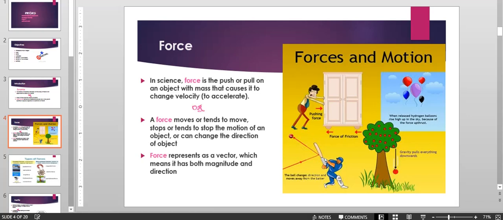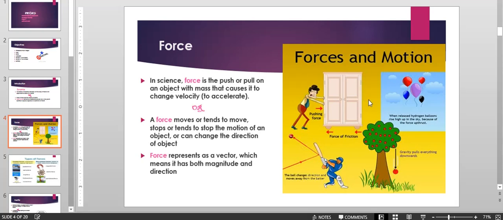It means a force can change the motion of any object, whether it is at a stationary position or moving with a uniform acceleration, or can also change the direction of that object.